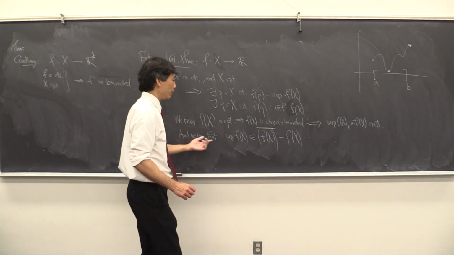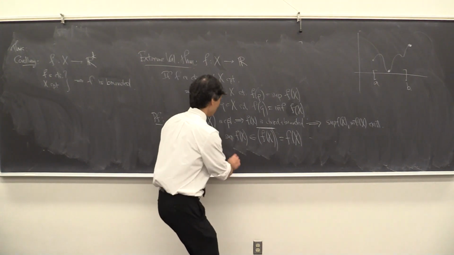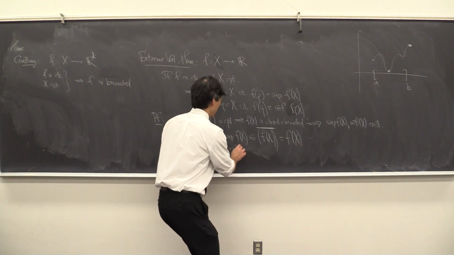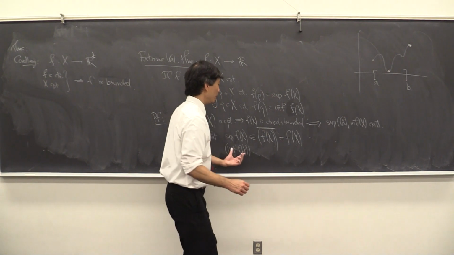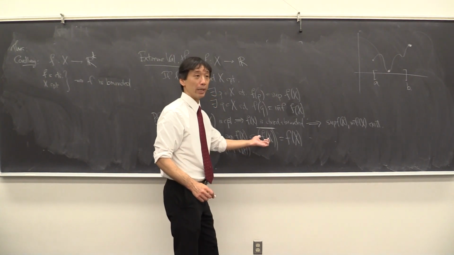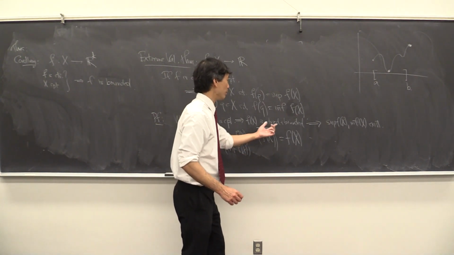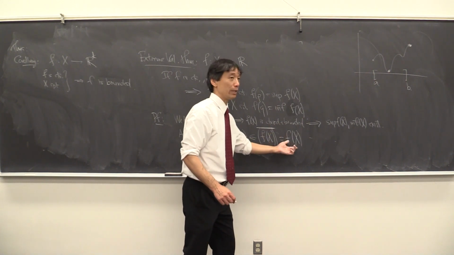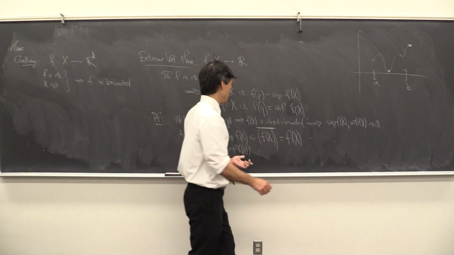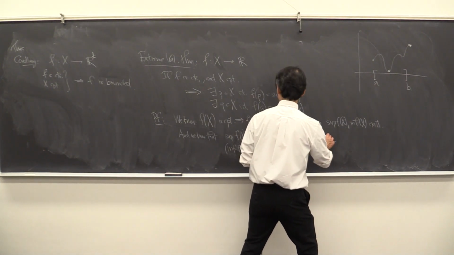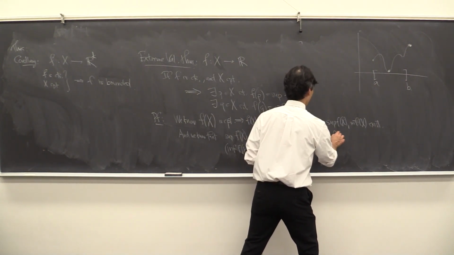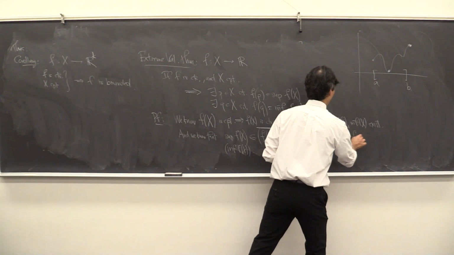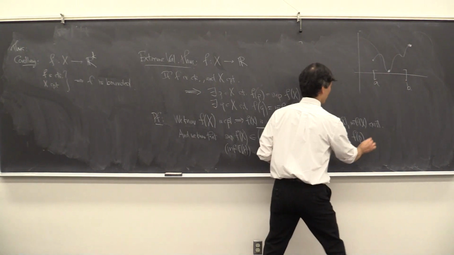We also know that the supremum and the infimum both lie in the closure of the set. But the set is closed, so the closure of the set is the set itself, which tells you that the supremum of f of X actually equals f of some point.